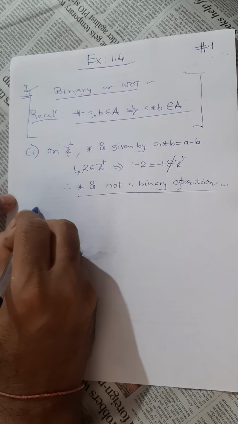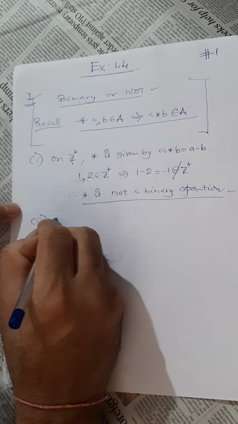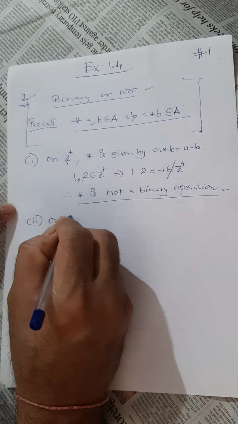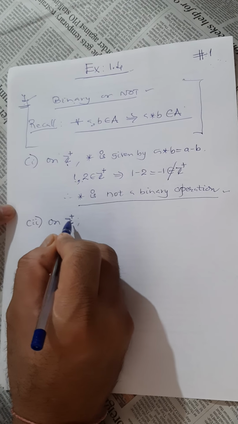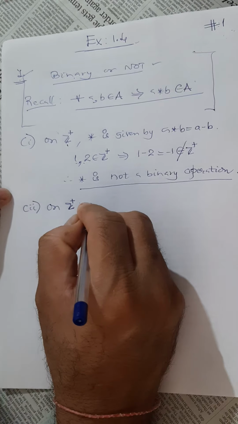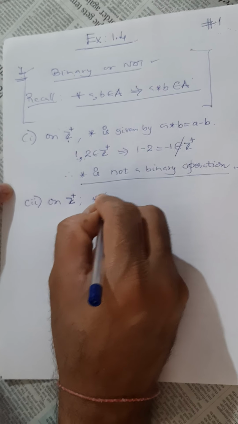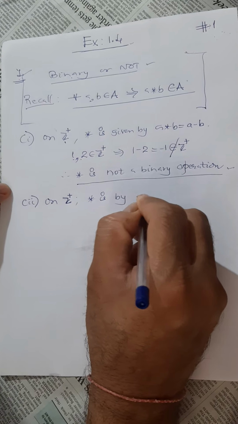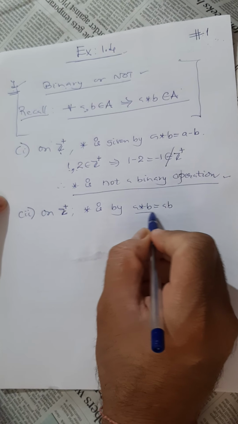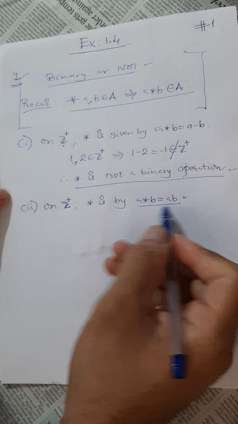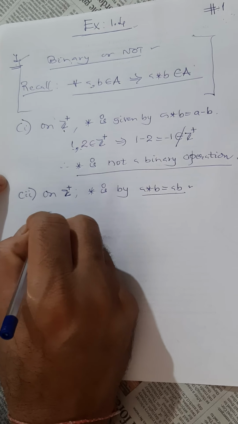Second, again on Z plus, I repeat one more time, Z plus means only positive integers like natural numbers, and star is given by A asterisk B equals AB. This is indirectly just multiplication, which we have also discussed.